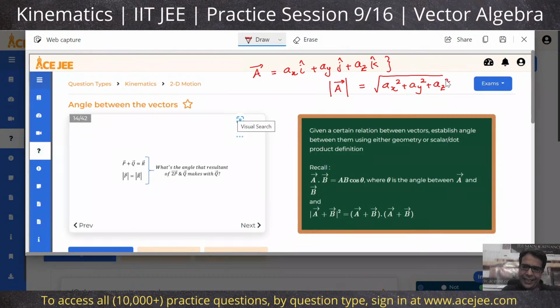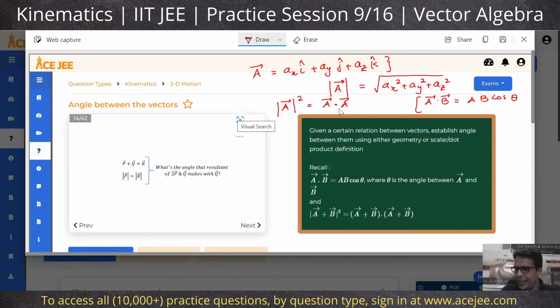Now the identity that I want to talk about is not this one, but rather the fact that the magnitude of A square can be written as A dot A. Once again, recall the scalar product of two vectors is nothing but the magnitude of the two vectors times the cosine of the angle between them.